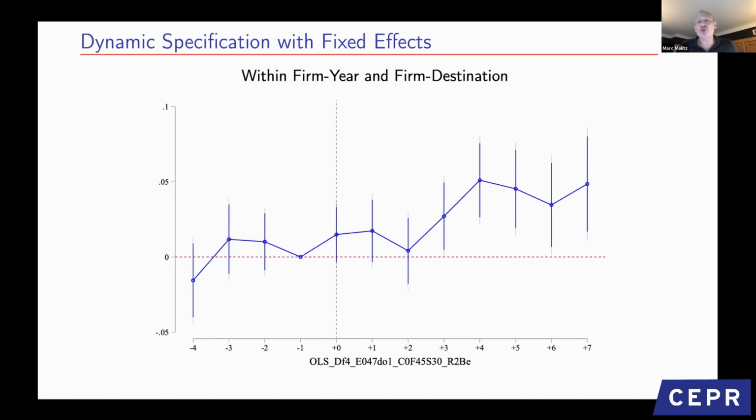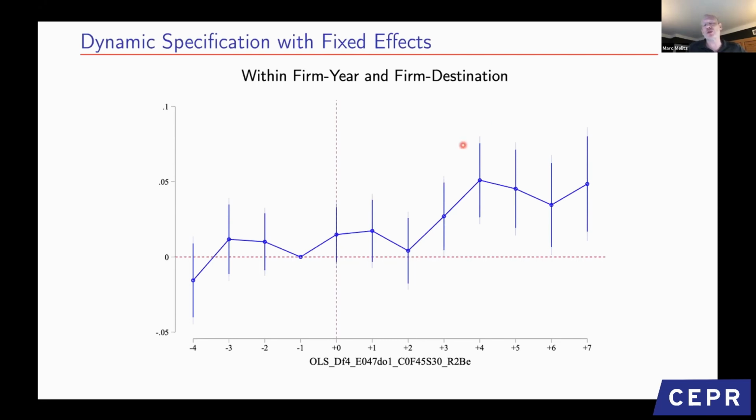I also wanted to show you a specification where we try to control for something that could be time varying between the firm F and the destination J. So clearly we can't put in a dummy variable for every firm destination year, in which case we would lose all of the variation that we have on the patent response side.